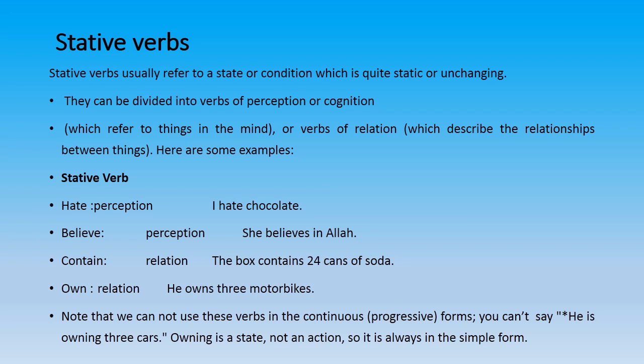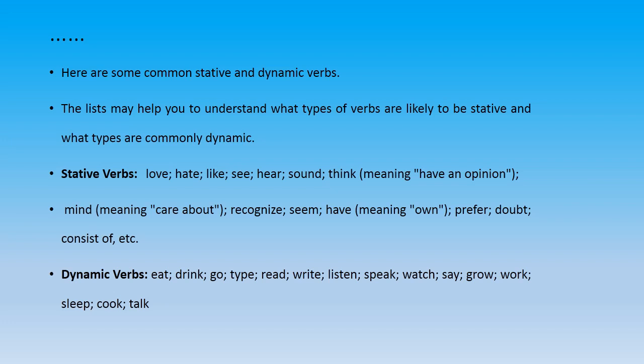And from these words you can notice that these forms cannot be used in a continuous form. So the main difference between stative and dynamic verbs is that dynamic verbs are used in different forms of the tenses, whereas stative verbs cannot be used in a continuous form. Here are some other examples of stative and dynamic verbs, so you might have a clear idea about these two types of verbs.